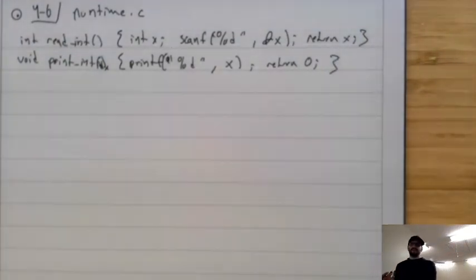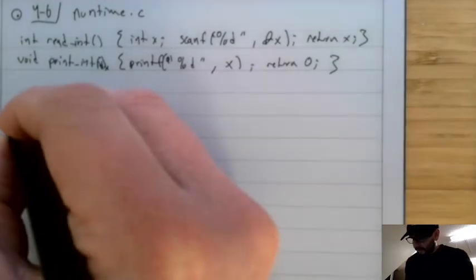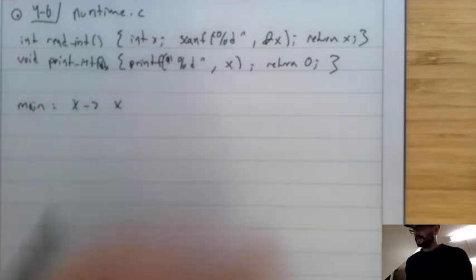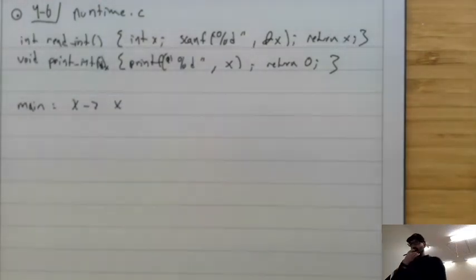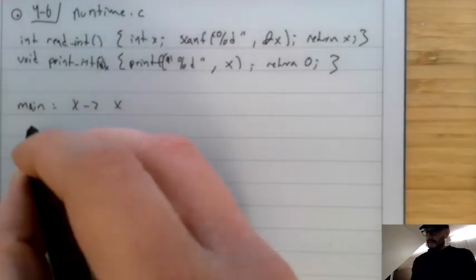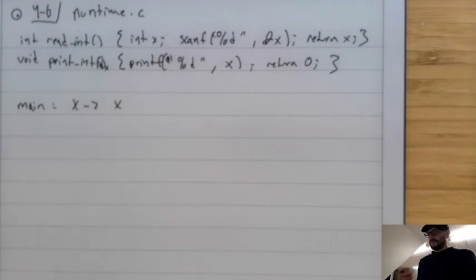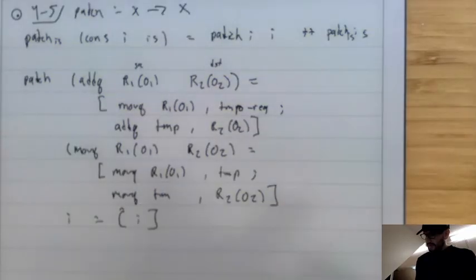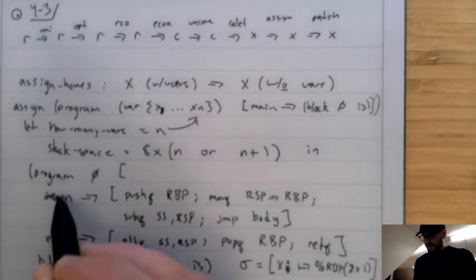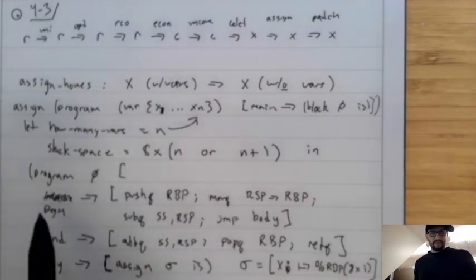In this runtime, we'll make our last final thing, which is going to be called main, which is going to be an x to x function, and it is going to generate the wrapper around our code. Actually, you know what? I called this main right here, but really I should have called it begin. So I'm replacing that with begin.